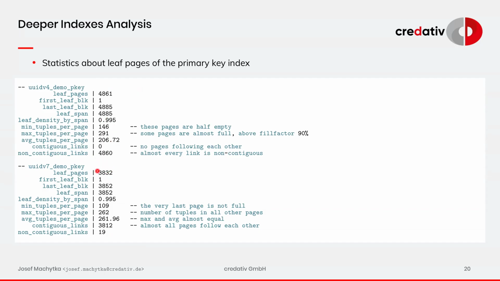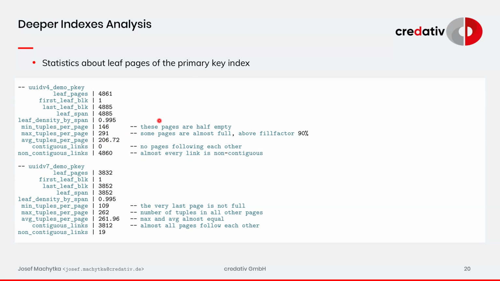And let's now look at the minimum number of tuples per page, maximum count of tuples per page, average, and also if those leaf pages are following one after each other or they are actually random.